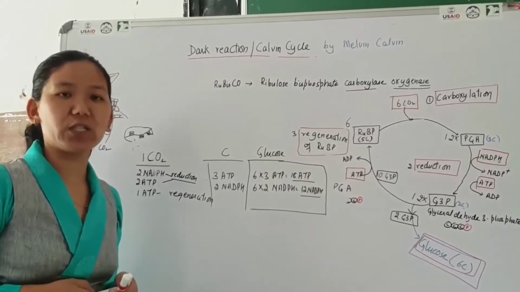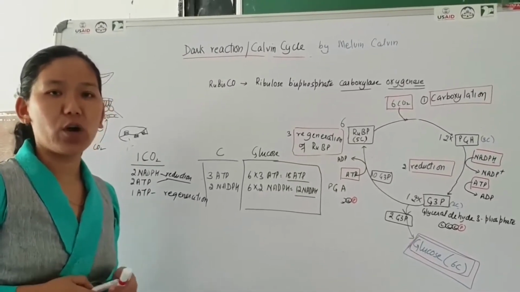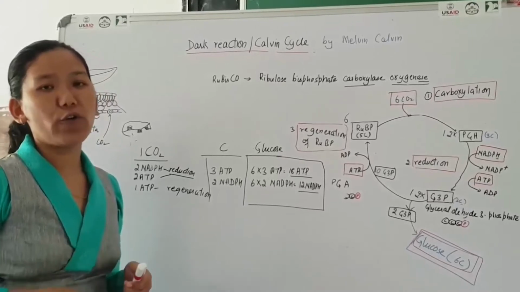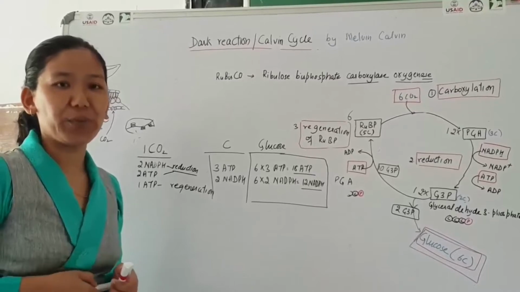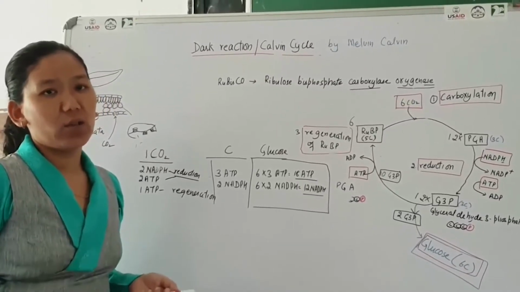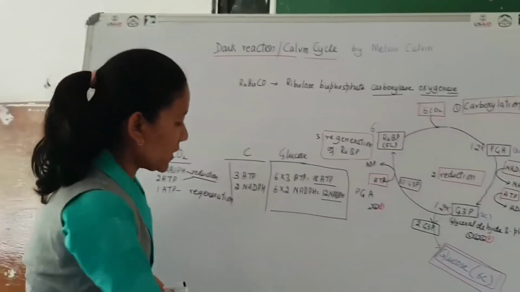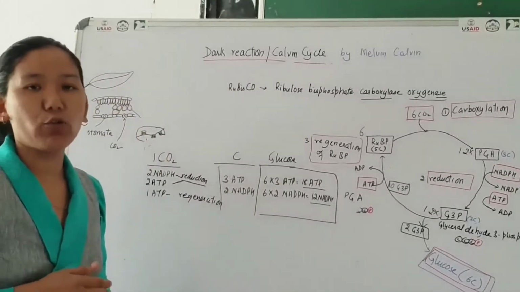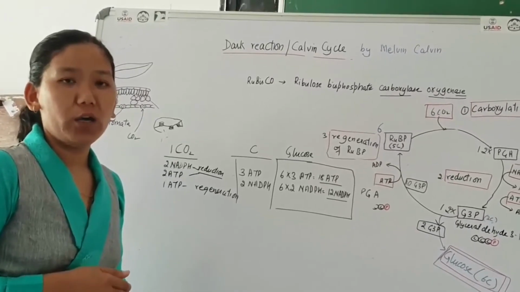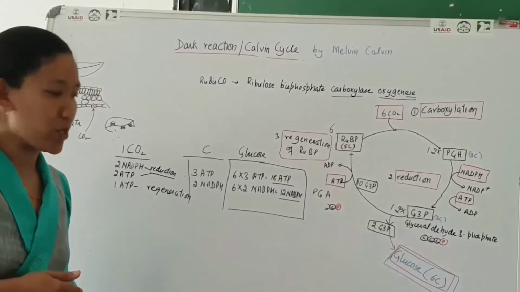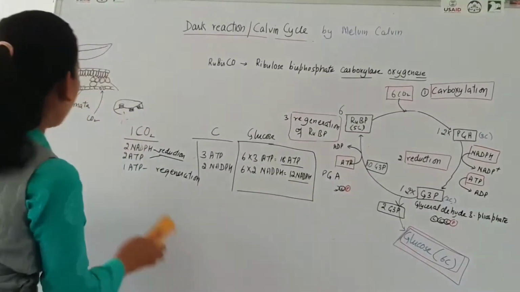And photorespiration is a process which we consider a wasteful process, because it leads to the loss of carbon dioxide, loss of energy, that is ATP and NADPH, and there is no synthesis of glucose. So the disadvantage of a plant undergoing the C3 cycle is that it may suffer from photorespiration. So next topic, I'll briefly explain about photorespiration.